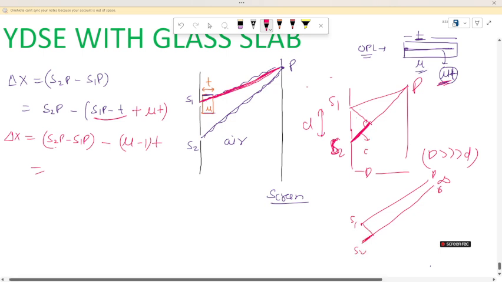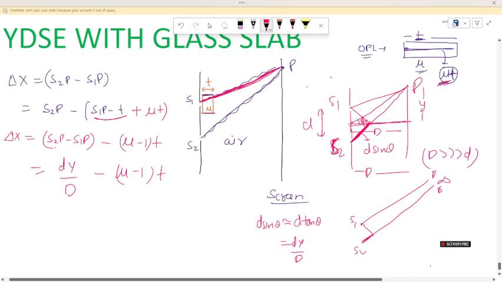This distance is d sin theta, or since the angle is small, d tan theta. And tan theta is y by D, so this is actually dy by D. So you can write here dy by D minus (mu minus 1) into t. This is the basic concept of YDSE, so you must be aware of this, and this will be the path difference at P.